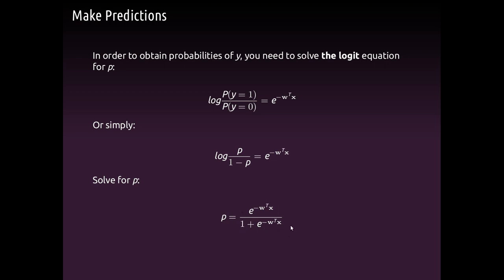Once you have solved this expression using the outcome of the classifier, using the list of coefficients that you have obtained using gradient descent or gradient ascent, and your set of predictors x, then you can find the outcome of your logistic regression model in a value of 0 and 1, or in a value between 0 and 1.